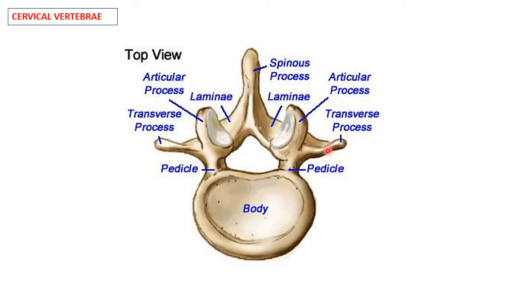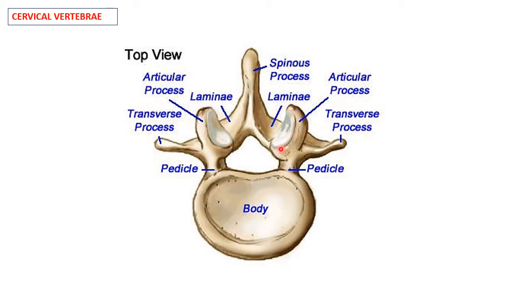These are called transverse processes, and they have articular processes, two above and two below. The upper ones are called the superior articular processes, and those below are called inferior articular processes. These articular processes have facets for articulation, so these are called articular facets.